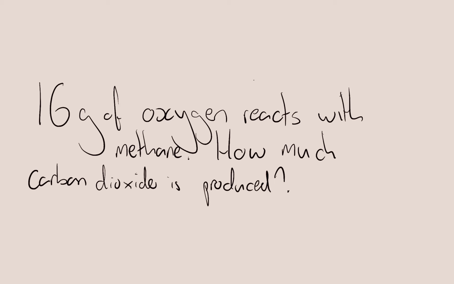16 grams of oxygen reacts with methane. How much carbon dioxide is produced? So, generally speaking, you're going to be given the equation, but you also need to be able to work out what these equations are, right? So this is a combustion reaction.